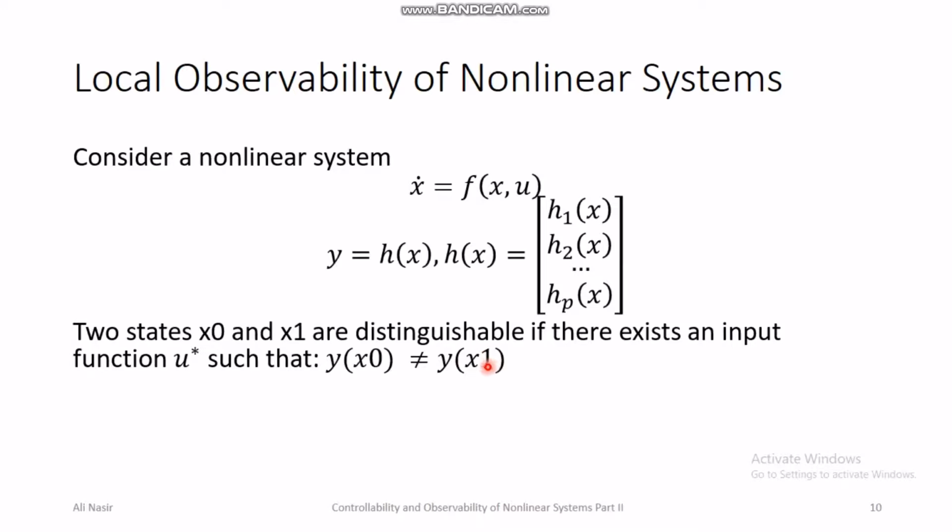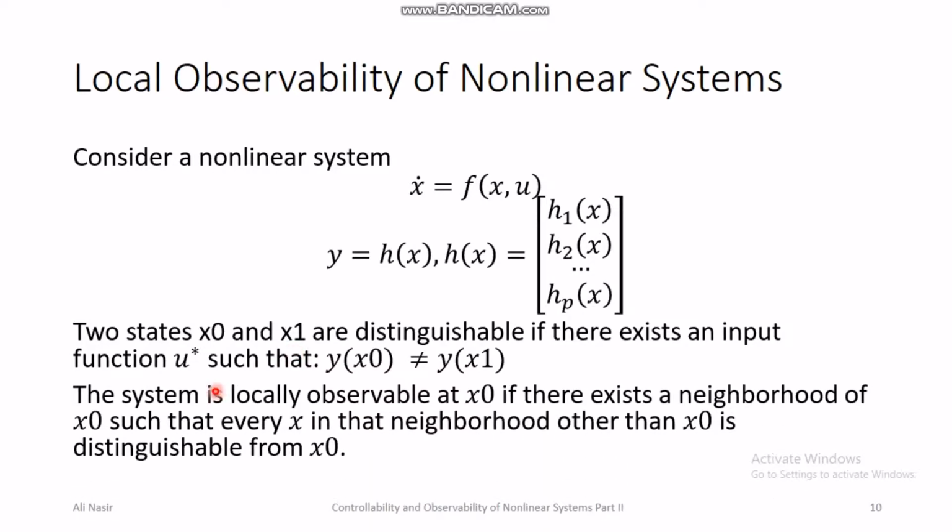So if the output corresponding to two state vectors is not equal for a given input, then these two states are distinguishable. If there exists even a single input, maybe these two are the same for some of the inputs, but there exists at least one input u star such that these are not the same, then we would say that these two states are distinguishable.